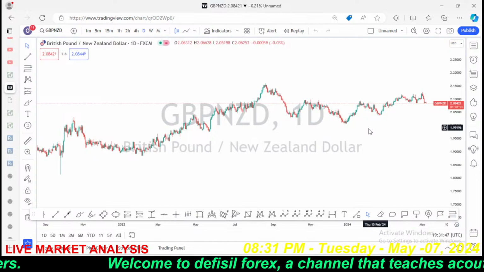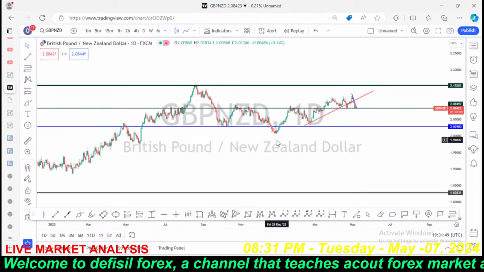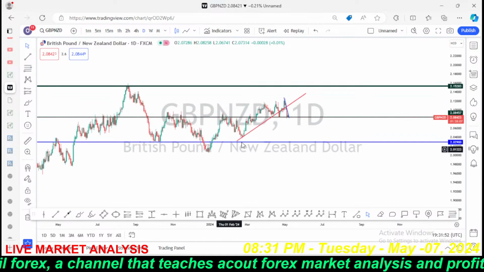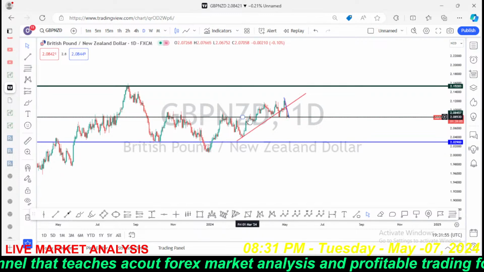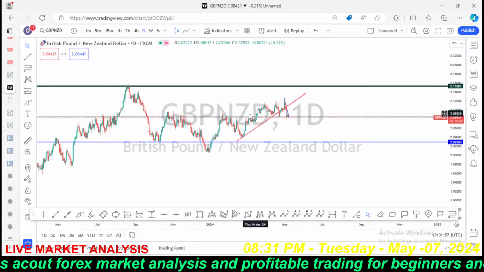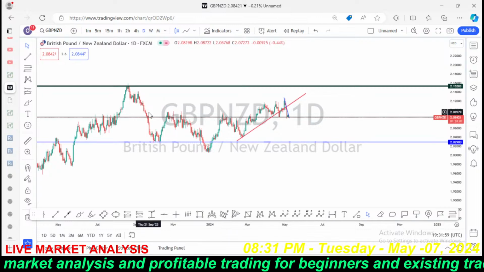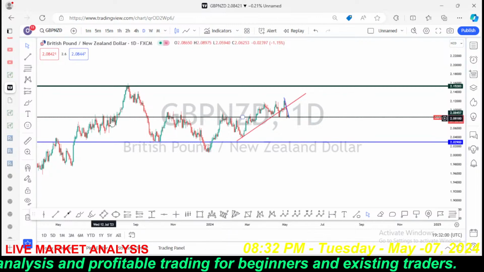Okay, so as I was saying before I reloaded the chart, you can see that there is a lot of price clustering at this area where we have the middle black line.